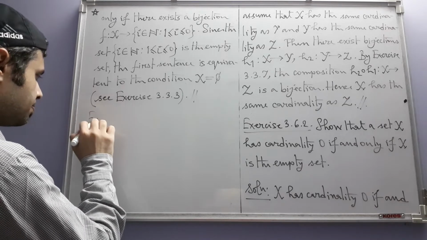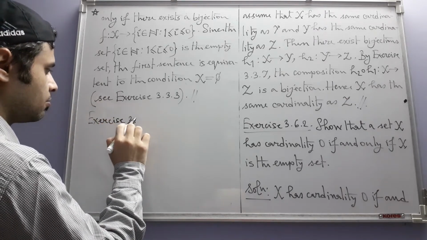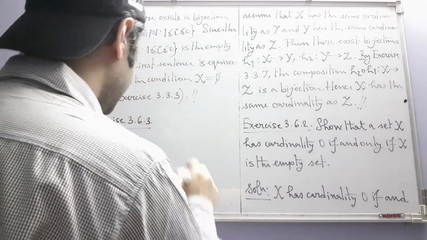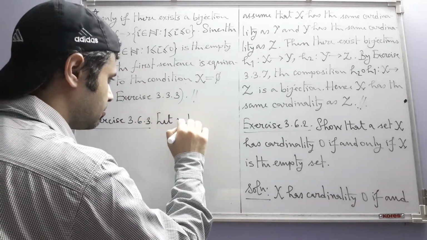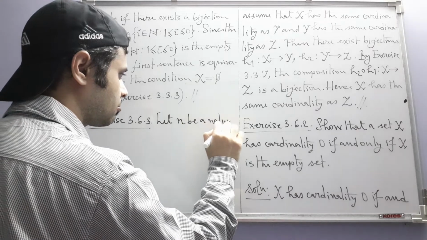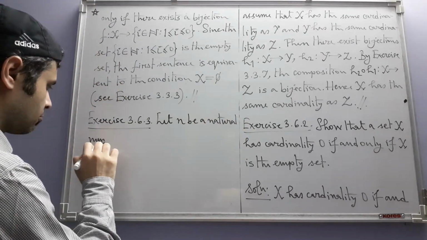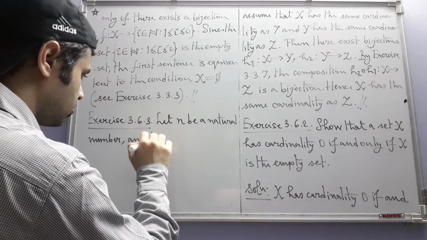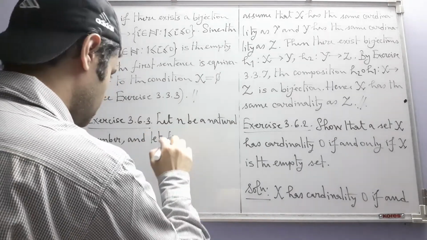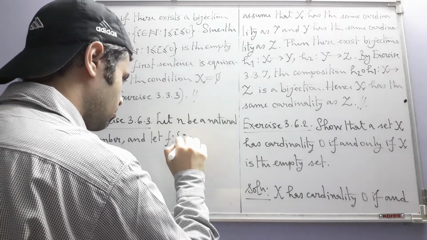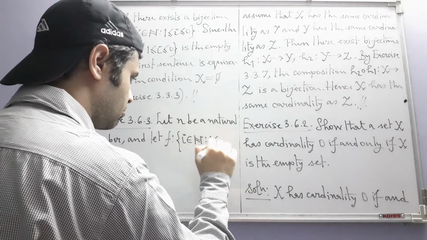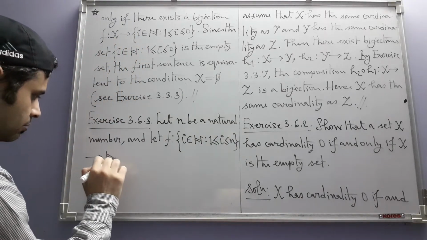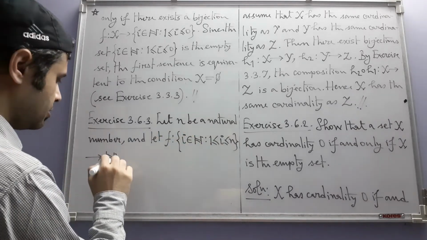Then the next one, 363. Let n be a natural number and let f be a function whose domain is this and range is the set of natural numbers.